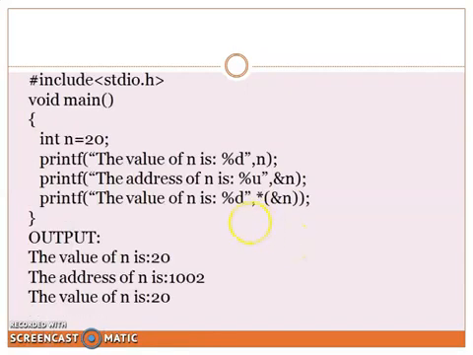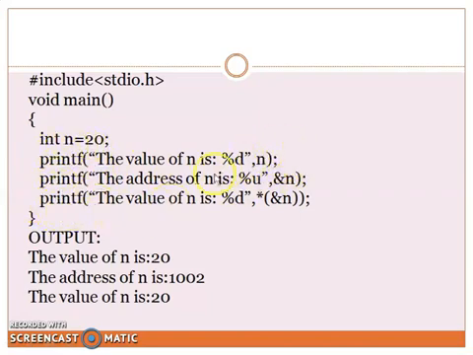So next, we have one more simple example that differentiates the different address operators. Here also we are declaring a simple integer variable named n. We are assigning the value 20 to that variable. Then we have 3 printf statements.